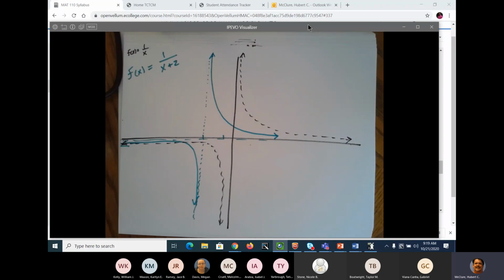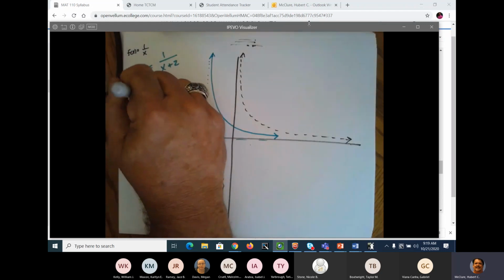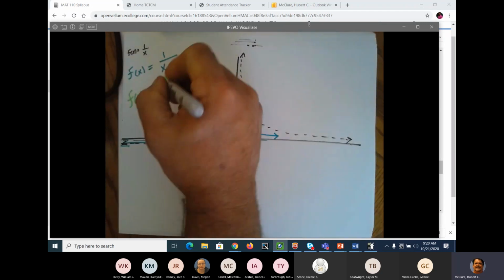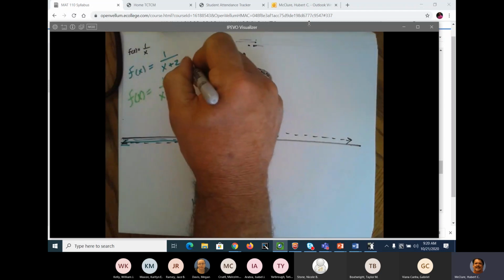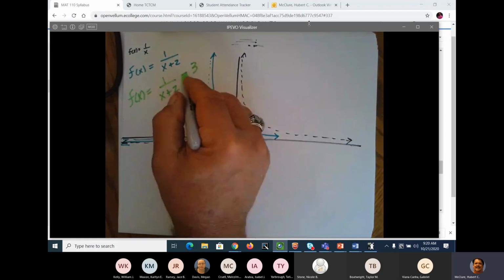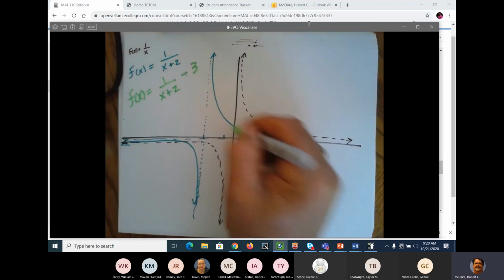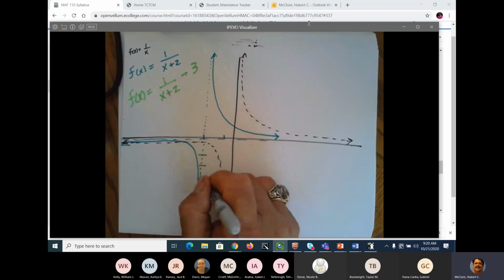All right, let's do another one. Let's do, in green, f of x is equal to 1 over x plus 2, minus 3. Well, you know that that's a vertical shift, so basically the blue is going to shift down 1, 2, 3.